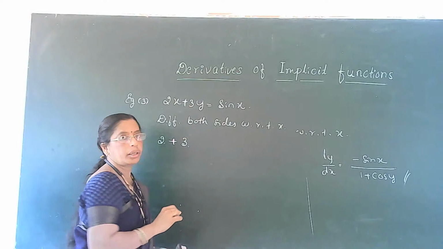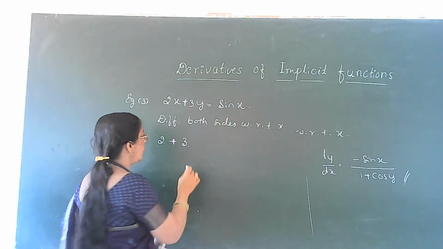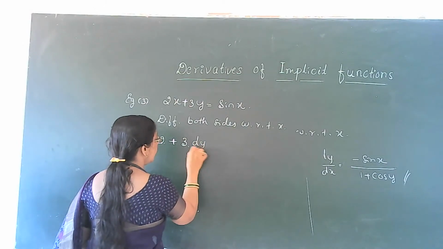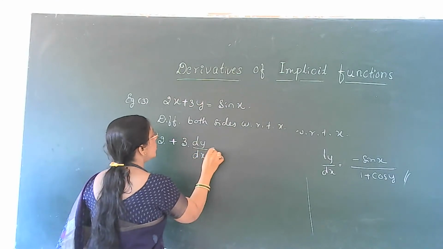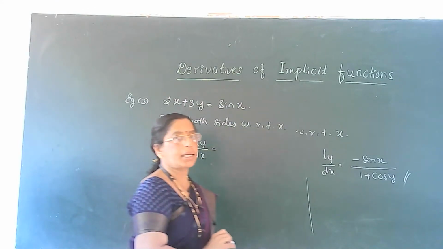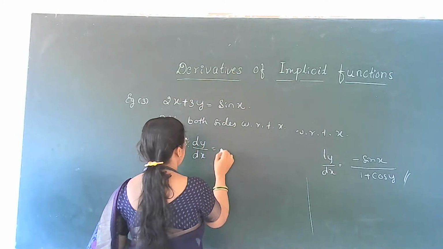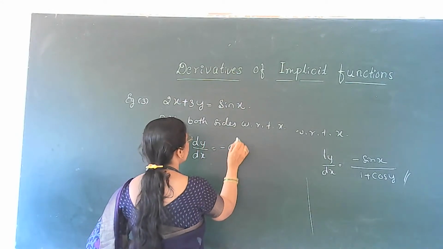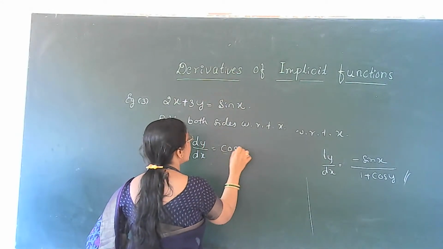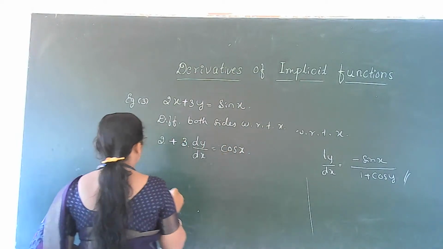3y. 3 is constant. Derivative of y is dy by dx, is equal to sin x. Derivative of sin x is cos x.